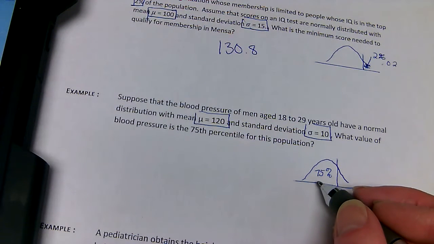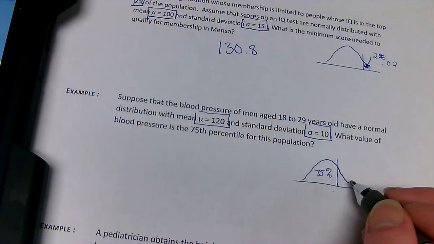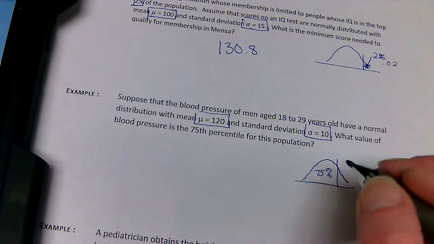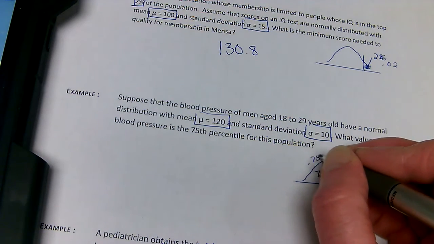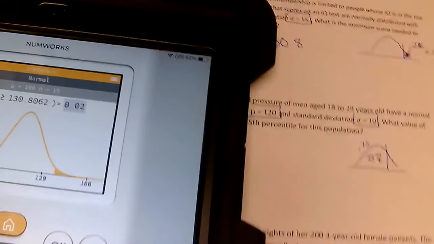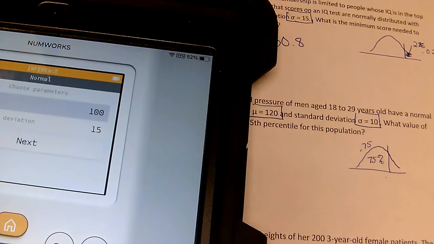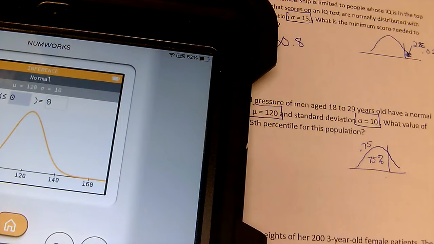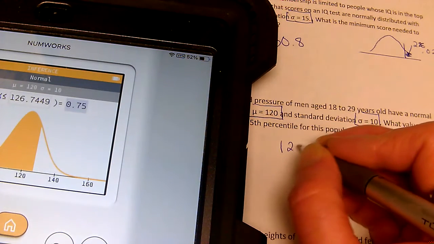You could either do a less than at 0.75 or greater than at 0.25. I'm going to do a less than at 0.75. So I need to change my mean to 120 and standard deviation to 10. And we have a less than, and we want to know what value would make it be at 75%. That's 126.7.